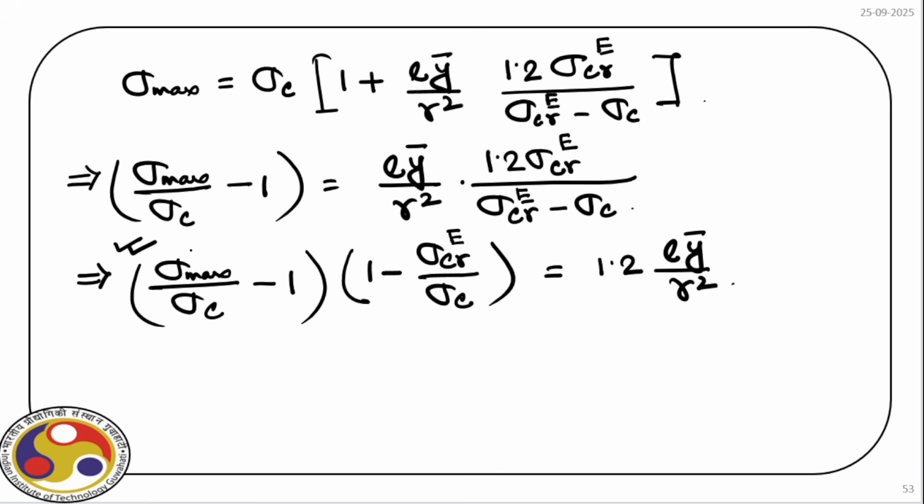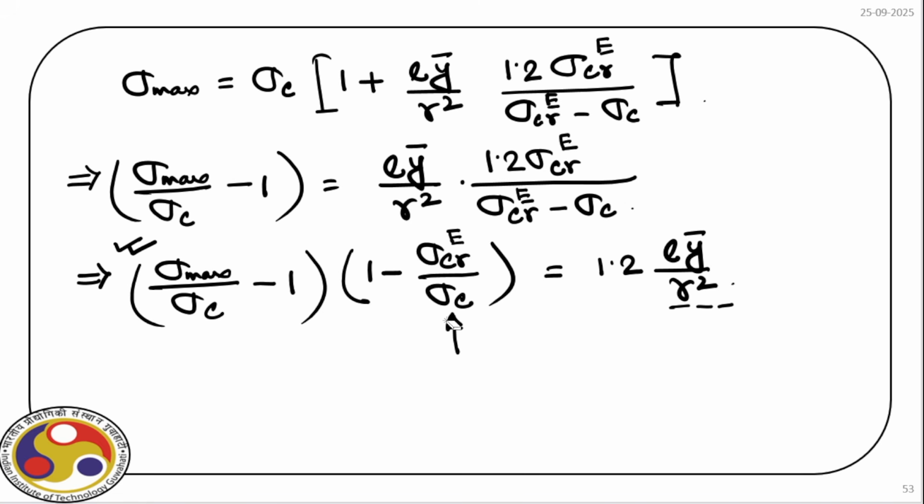Our task is to find out this sigma max, because for design we need this sigma max. And if you look at the left hand side, this term is dimensionless, and on the right hand side we have this eccentricity ratio times 1.2.